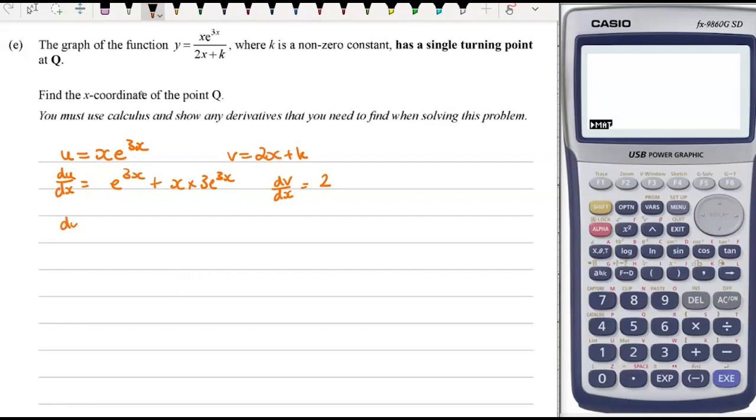So then dy by dx, I'm going to just tidy up this du by dx first. We have e to the 3x plus 3x e to the 3x here.